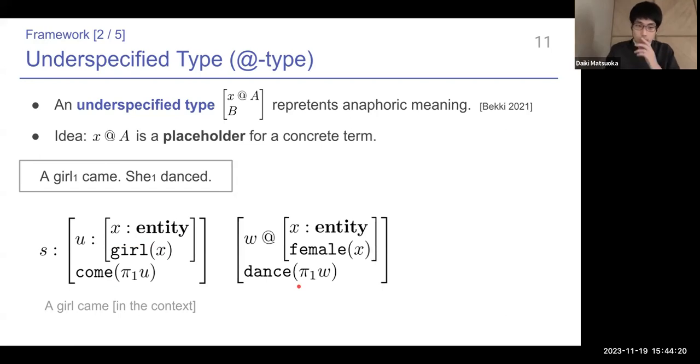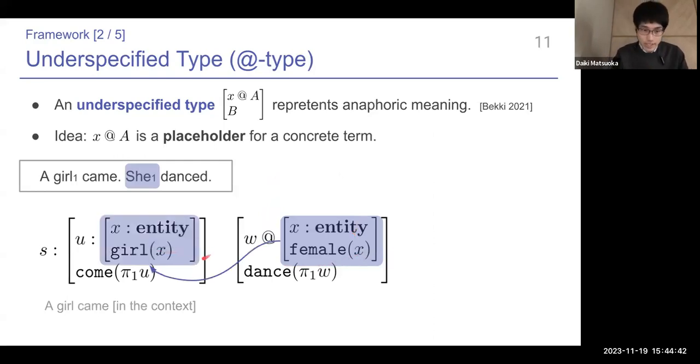The semantic representation for the second sentence is this. Corresponding to the pronoun she, we use an aspirant type, and the placeholder W requires a type, meaning there exists an X such that X is a female. So we need to find some female entity from the preceding context to fill this placeholder. We can find one in this case easily: we can use the girl introduced in the first sentence.